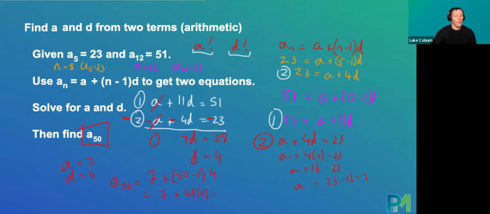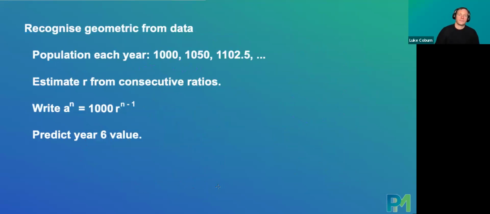What's 49 times 4? Well, 50 times 4 would be 200, minus 4. So 49 fours is the same as 50 fours minus 1 four. So that's 196 plus 7, which is 203. Okay, great.